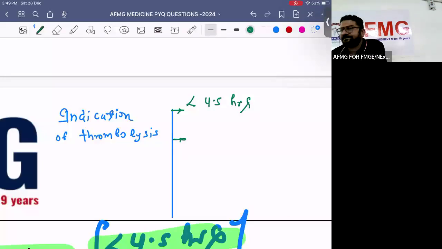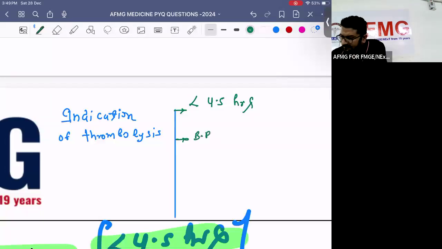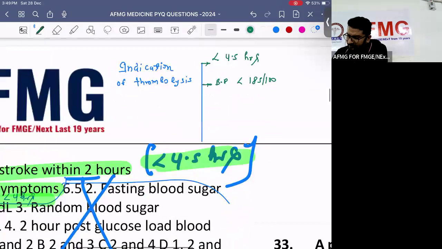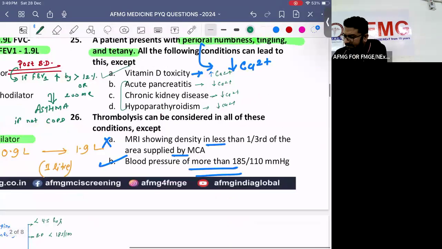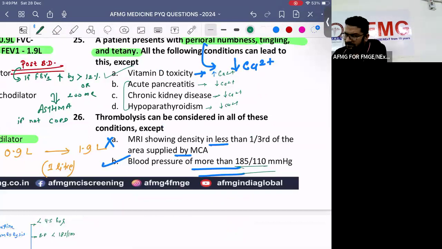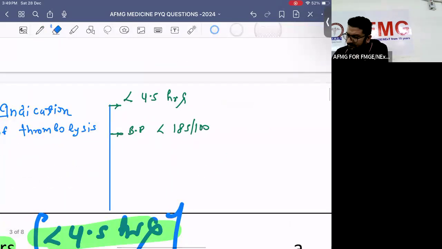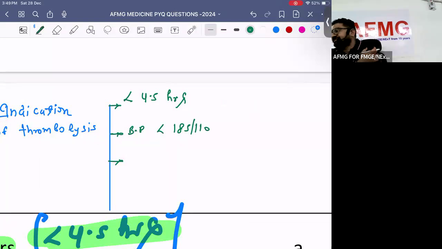Next indication बताओ. BP. BP should be less than 185 by 110. In some books 100 is given. अब देखो यहाँ पर कितना दिया हुआ है, 185 by 110. कुछ कुछ लोगों का 105 106 आता है. Like again डेविडसन वगैरह में ये 110 दिया हुआ है. So let's say 110. What else? और क्या इंडिकेशन थी?